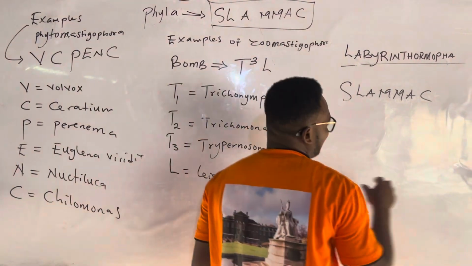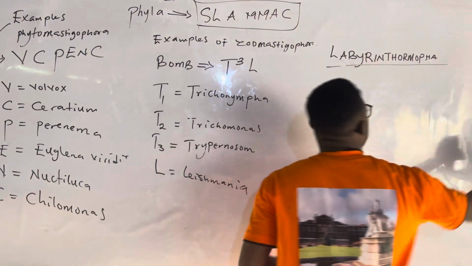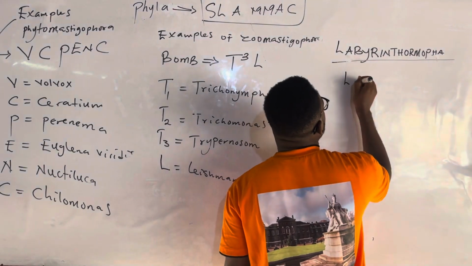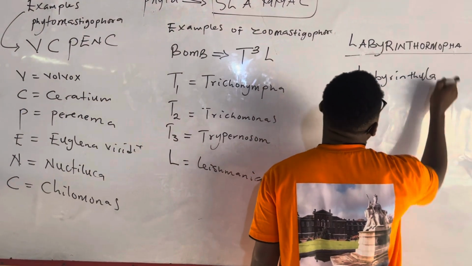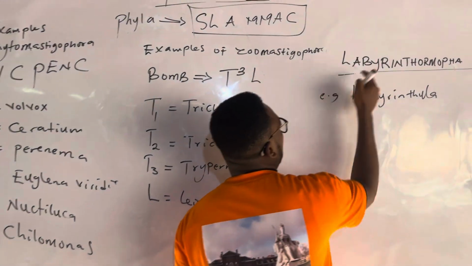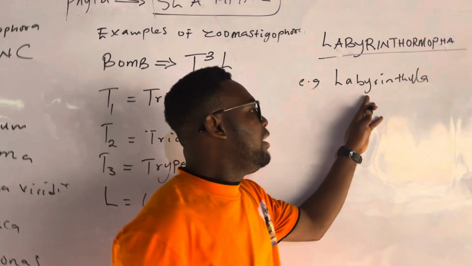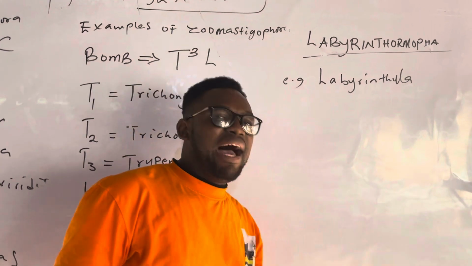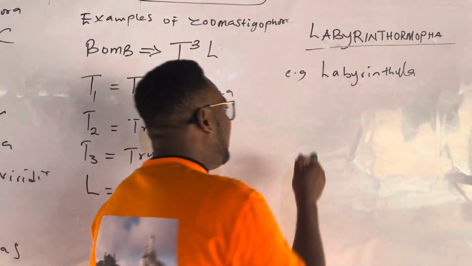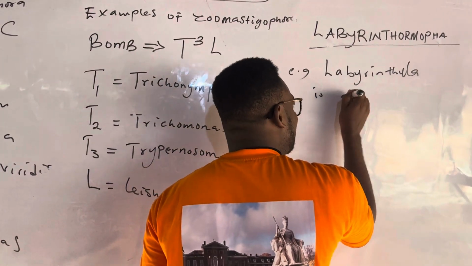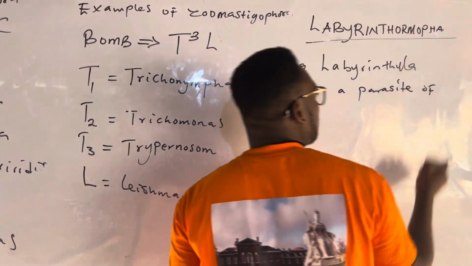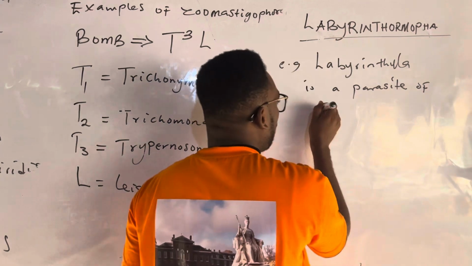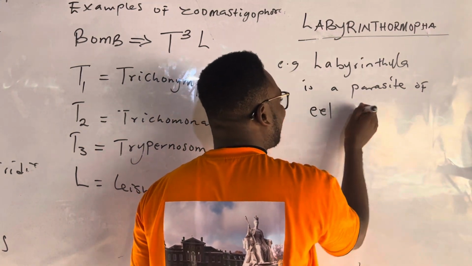There is an example we have here, which is Labyrinthula. An example of an organism that is a Labyrinthomorpha is Labyrinthula, and Labyrinthula is a parasite of a grass we call eel grass.